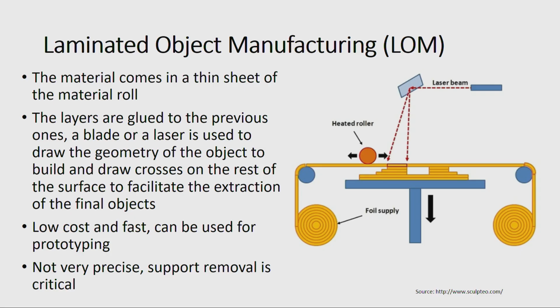Here in laminated object manufacturing, the object is made using layer by layer of thin sheets from a material roll. This can be paper or plastic. Here you can see there are two rolls. One is the foil supply, and the roll on the right side is the waste collection, and there is a heated roll.